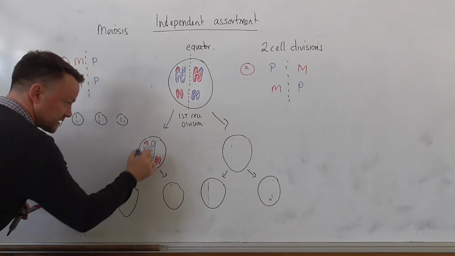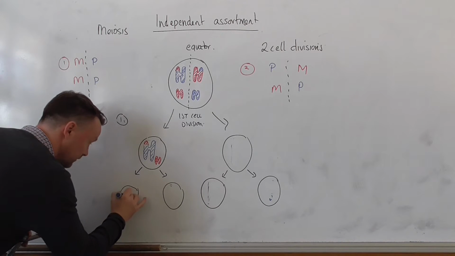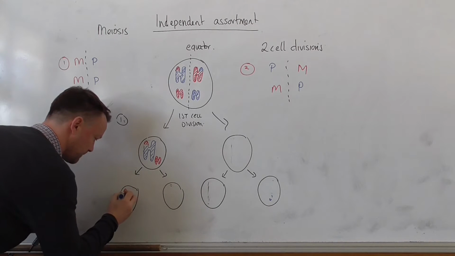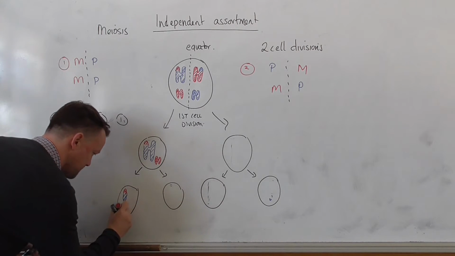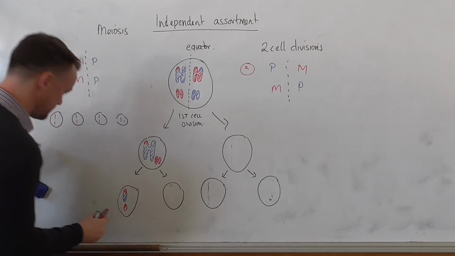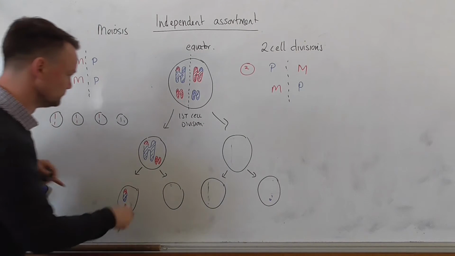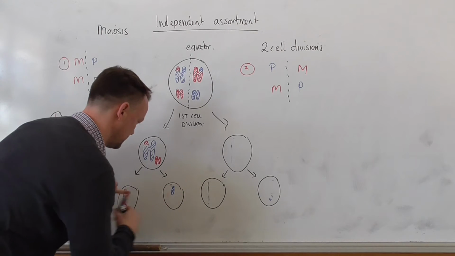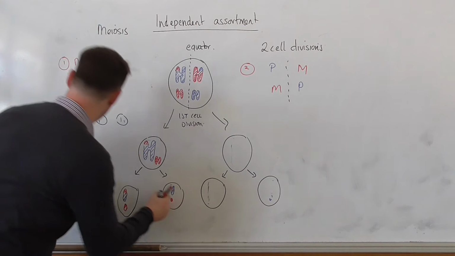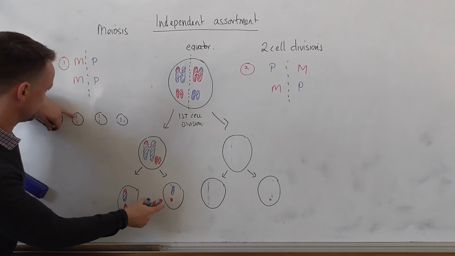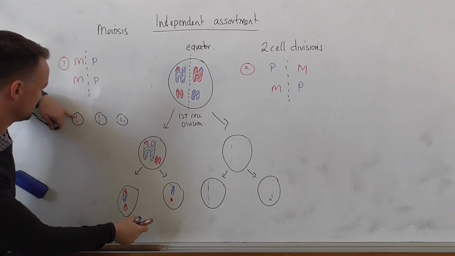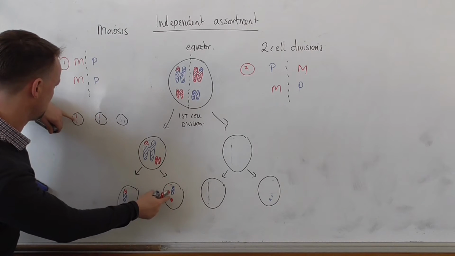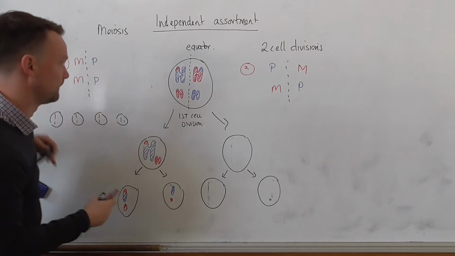They split in the middle, so what we end up with is this, like that. You can see straight away, these two are different. Here, you end up with a combination of paternal and maternal. So straight away different, because this one was mostly maternal, whereas this one's got a paternal with a little maternal.